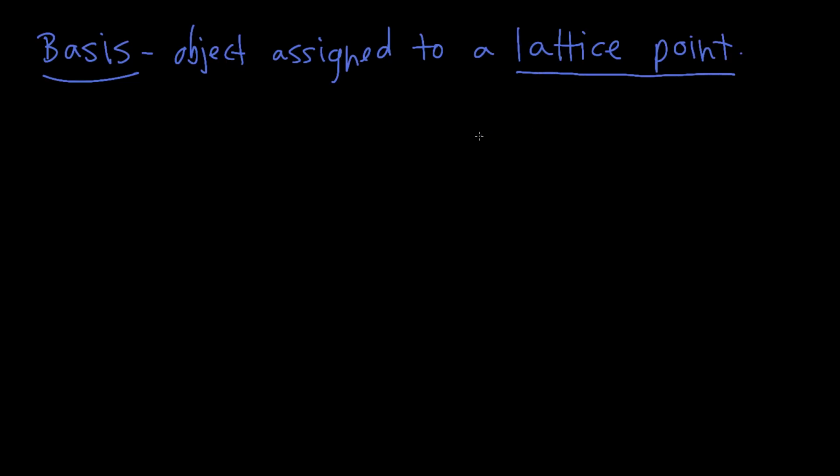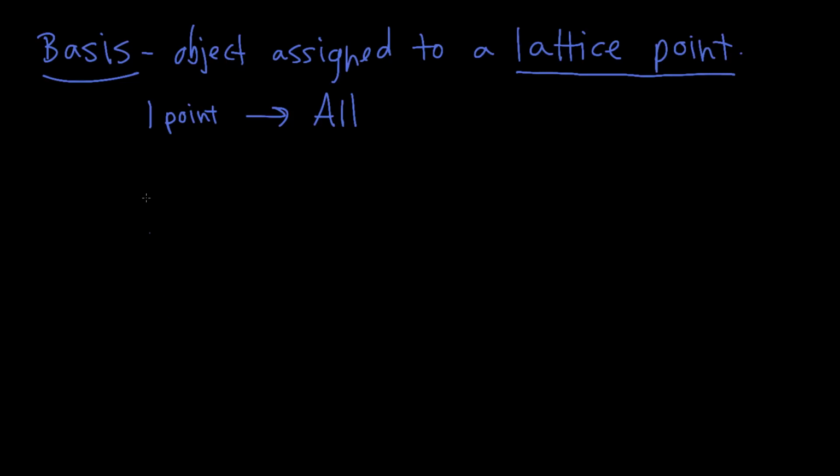By definition of our lattice, if we assign an object to one point, we assign it to all points. Going back to the periodicity of the lattice, how every point is indistinguishable and how every point has the same surroundings. Does that ring a bell? I think after the past few videos, you are probably reciting those with me.